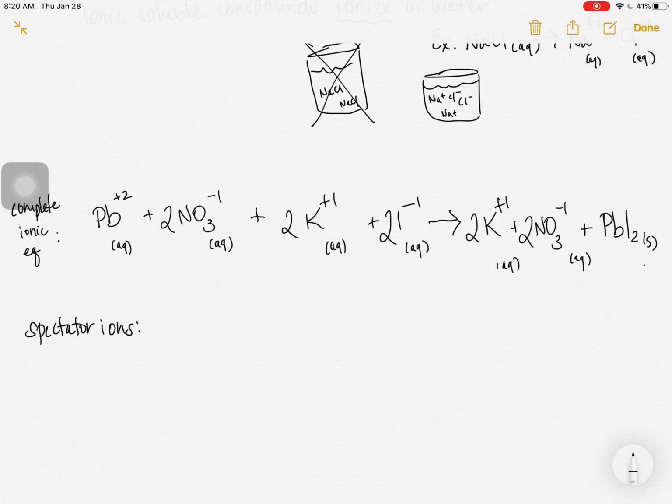You're just watching the game. In chemistry, we have the same idea where we have ions who are kind of just watching. They're not really involved in the chemistry of what's happening. And the way you spot a spectator ion is that they are exactly the same as a reactant and a product. So I'm going to define that first. Spectator ions do not participate in the true chemistry.